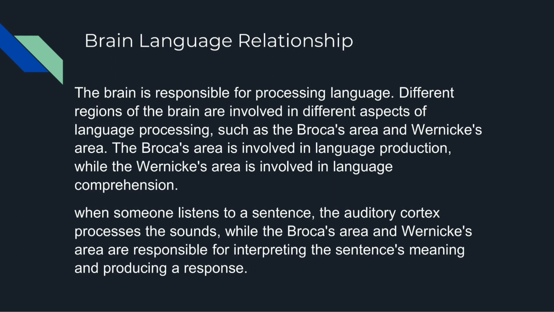For example, when somebody is listening to a sentence, the auditory cortex processes the sounds, while Broca's area and Wernicke's area are responsible for interpreting the sentence meaning and producing the response. When you are listening to a sentence, it is comprehended in your Wernicke's area, and you respond back to that sentence using your Broca's area. This is how our brain parts work, and psycholinguistics deals with this.